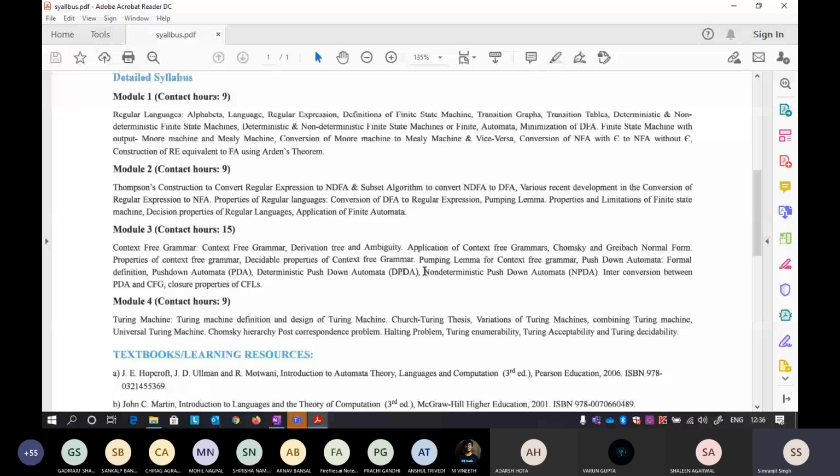Now only this one is remaining, the pumping lemma for context free grammar. That particular topic is your self study topic. The pumping lemma for context free languages is similar to the pumping lemma for finite languages. You just have to read the definition, and I think you can easily identify whether a language is context free or not.